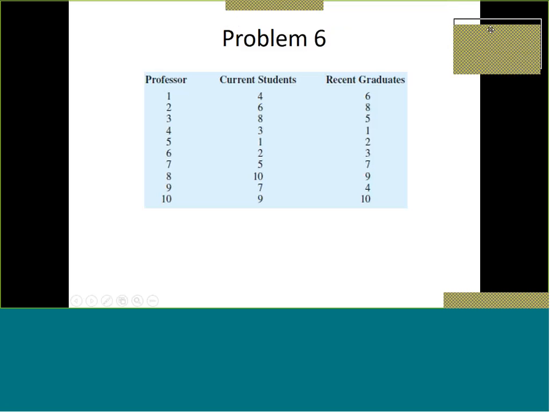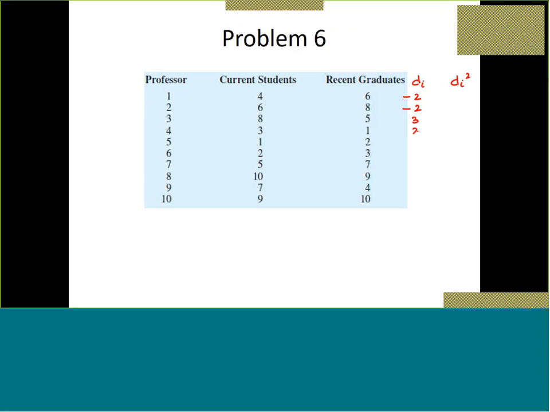First of all, you have to calculate the difference in ranks, di. Then calculate di square. So 4 minus 6 is minus 2, 6 minus 8 is minus 2, 8 minus 5 is 3, 3 minus 1 is 2, 1 minus 2 is minus 1, 2 minus 3 is minus 1, 5 minus 7 is minus 2, 10 minus 9 is 1, 7 minus 4 is 3, 9 minus 10 is minus 1.